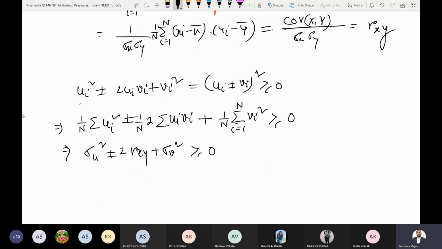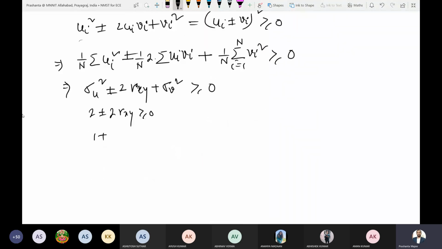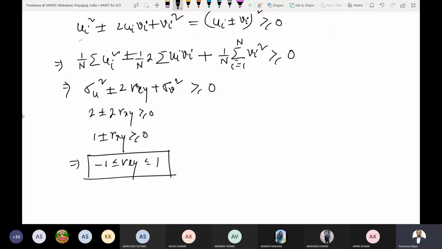So this is 2 minus 2 r_xy greater than or equal to 0, and that is giving you 1 minus r_xy greater than or equal to 0. So that tells you that minus 1 is less than or equal to r_xy less than or equal to plus 1. So the correlation coefficient of two-dimensional data is bounded by minus 1 and plus 1.